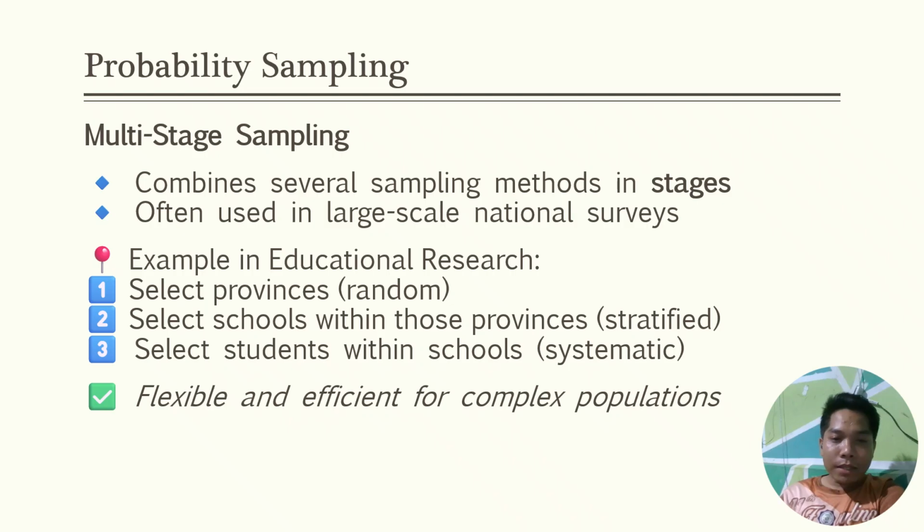Another probability sampling is multi-stage sampling. You don't stop at one level, so you go deeper, combining techniques across multiple levels of the population hierarchy. From the bigger population, you use one type of probability sampling, and then narrowing down to the next level, you use another sampling technique, and going down to your final criteria for the population, you use another technique.